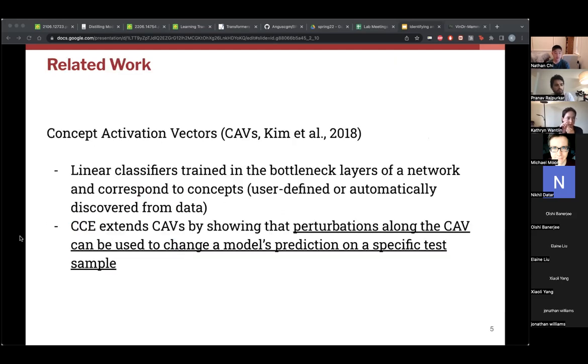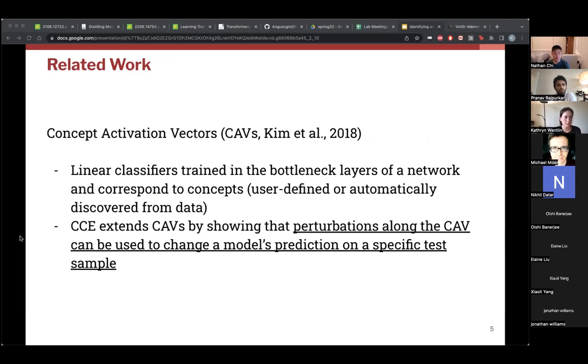The key related work for this paper and also quickly for the next paper is this idea of concept activation vectors, which are basically SVMs trained at the concept level. So just linear classifiers, they're going to be trained in the bottleneck layers of the network. And they are supposed to correspond to concepts. They're either user defined or automatically discovered.